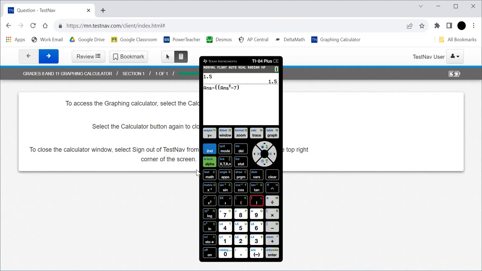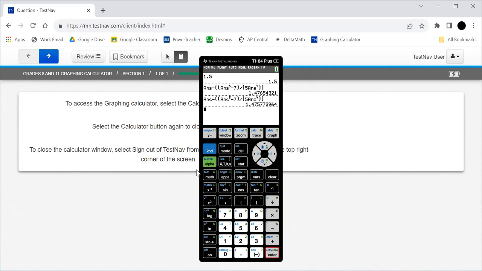Close that first parenthesis for the numerator, and then divided by, and then a second parenthesis here for our denominator, 5 answer to the 4th power. And we'll close the denominator parenthesis and close the fraction parenthesis as a whole. And we will hit enter, giving us a value of that using 1.5.